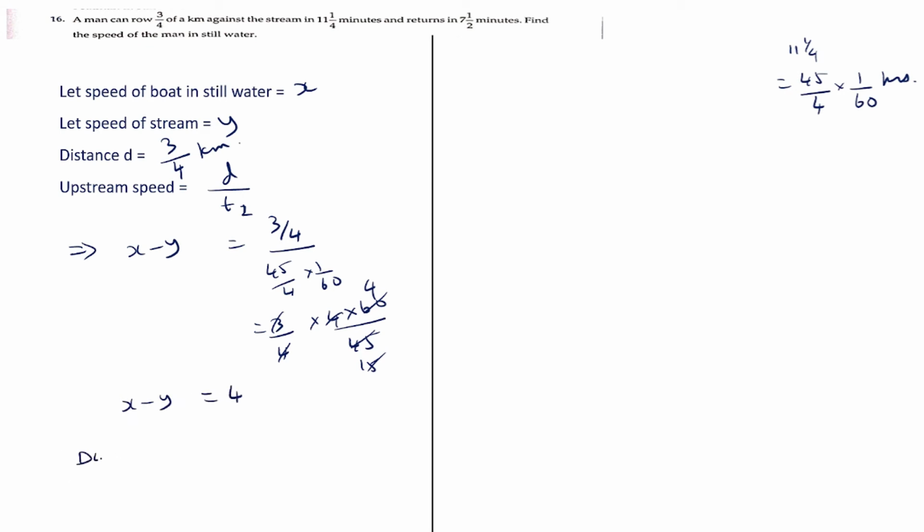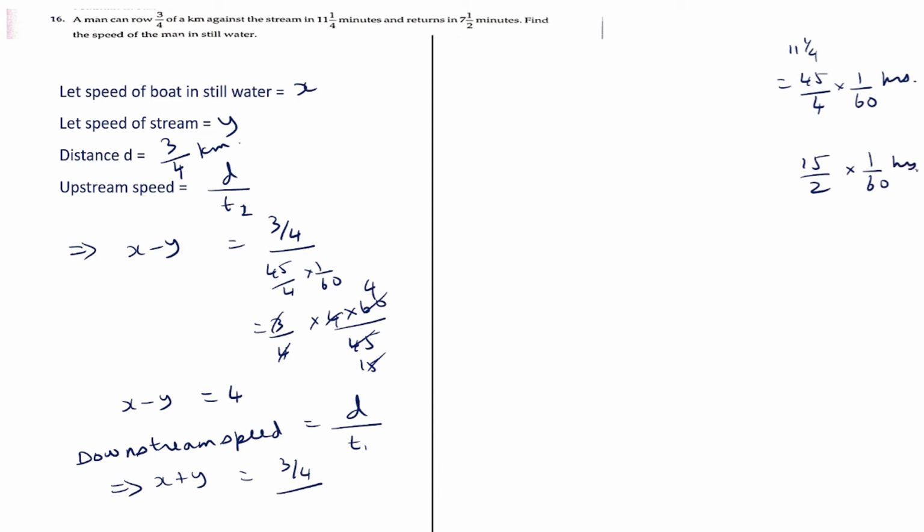And then we can also find the downstream speed. Downstream speed is equal to the distance travelled downstream upon time taken to go downstream, or we have downstream speed as x plus y. X plus y is, distance is again 3 by 4 and the time taken to go downstream is 7.5 minutes. 7.5 is nothing but 15 by 2 into 1 by 60 hours.